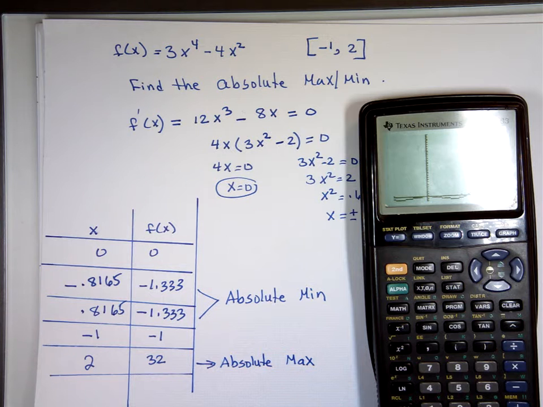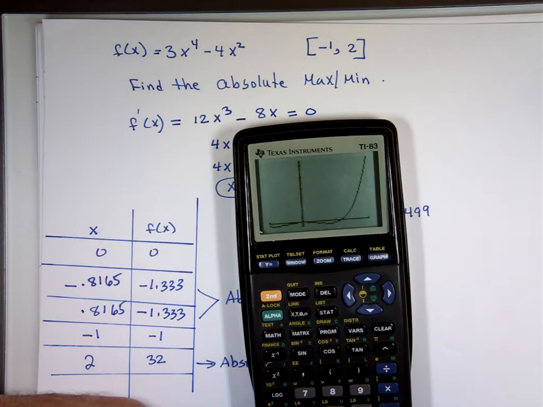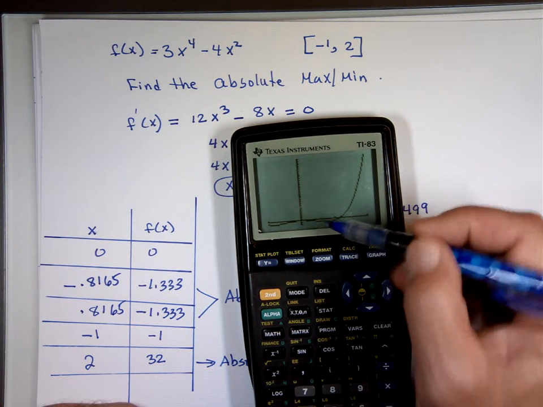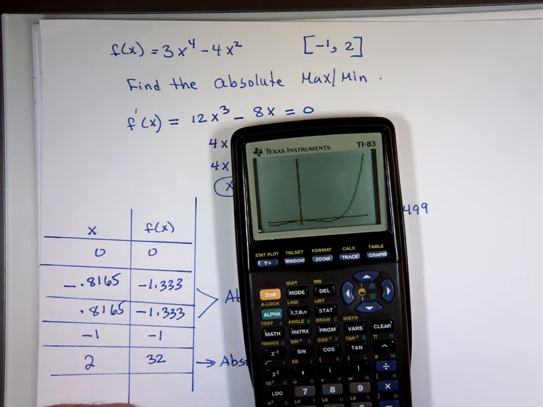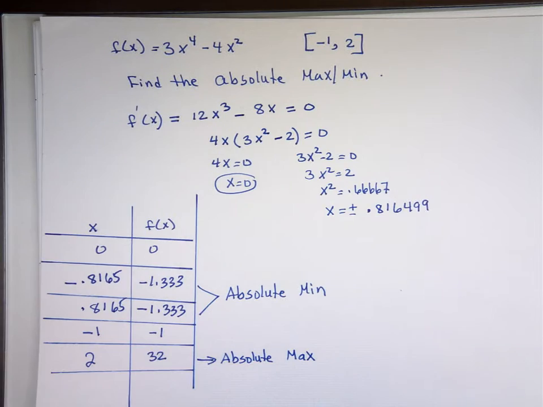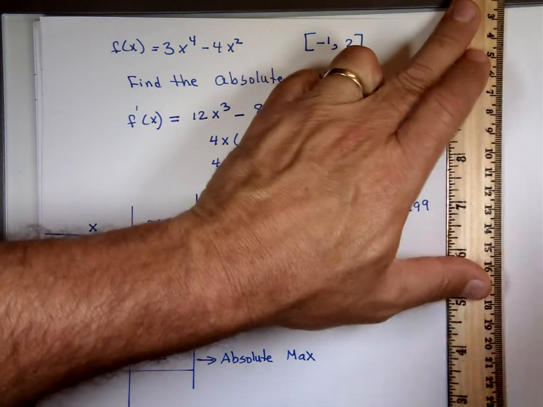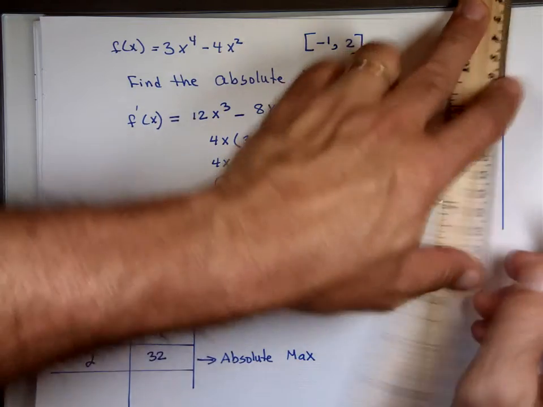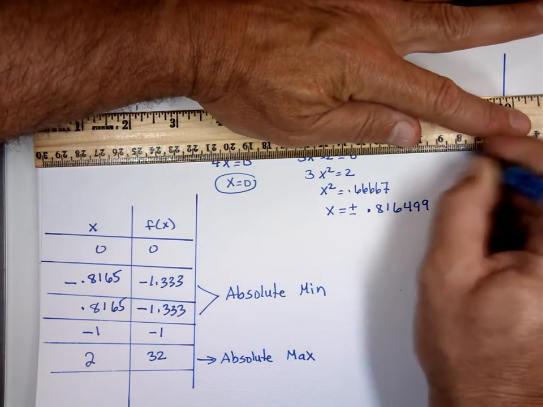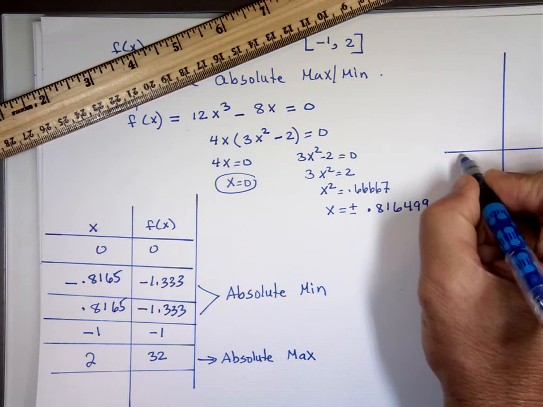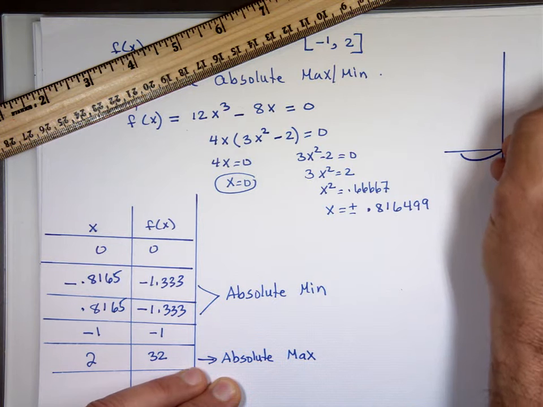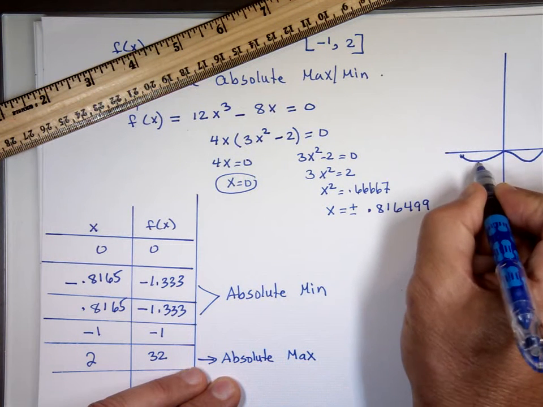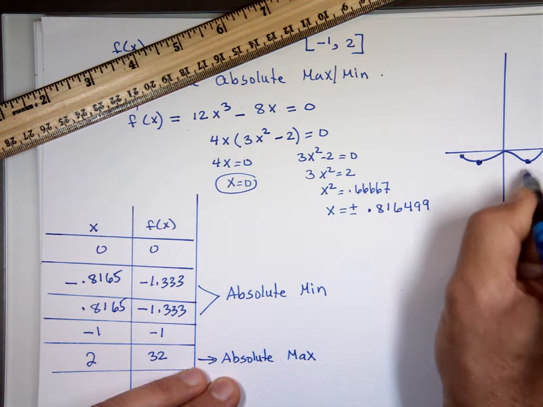That's what the graph looks like. I don't know if you can see it. Notice that's where your absolute minimum is. There's one here, and there's one down here. And that's your absolute max right there. Close enough. I'm not really going to be perfect here, but it looks like this. This is your absolute min, the same height, these two.